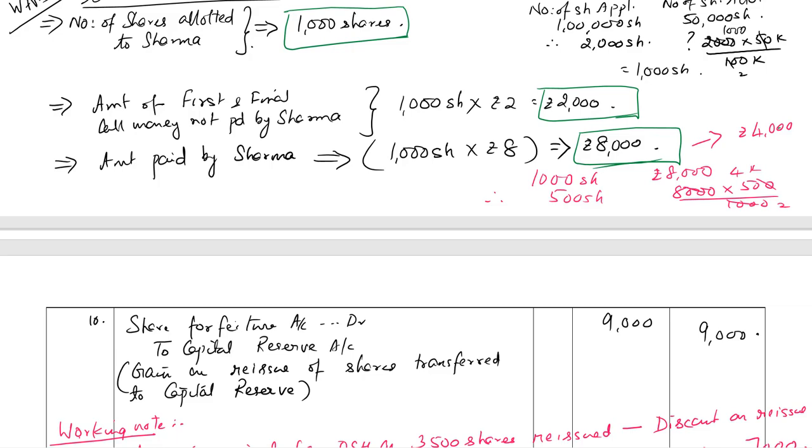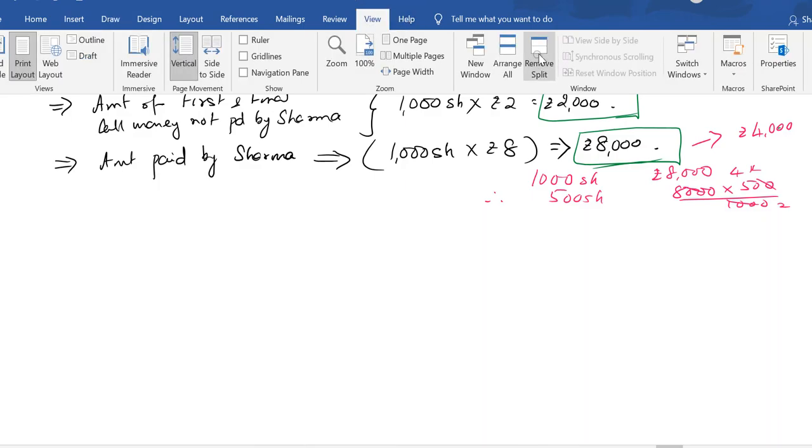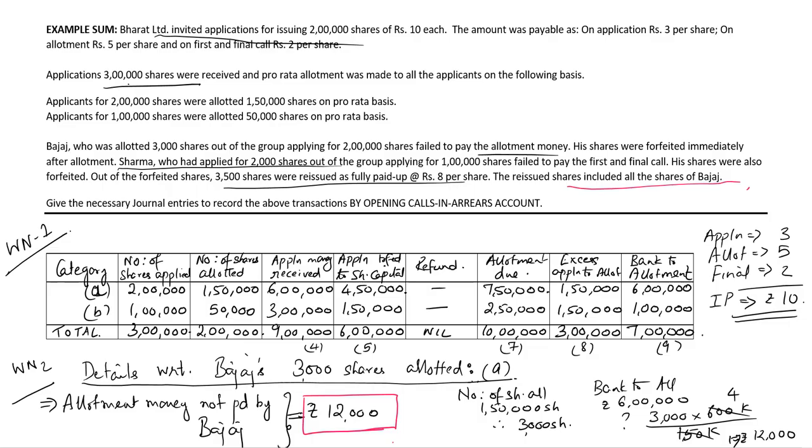So we've completed the journal entries. We will remove the split and have a look at the answer. That's the example sum at the top.